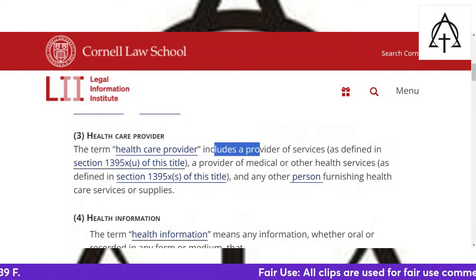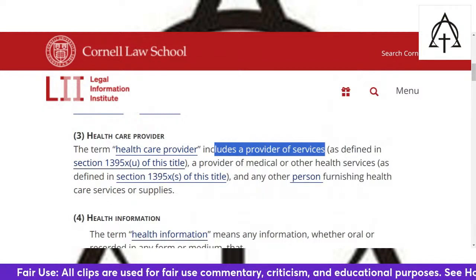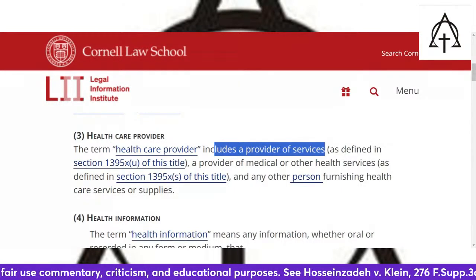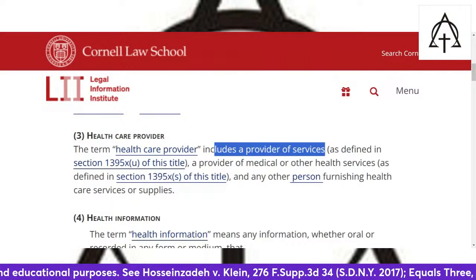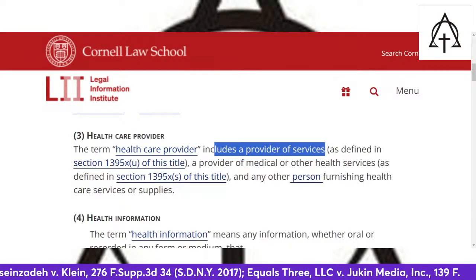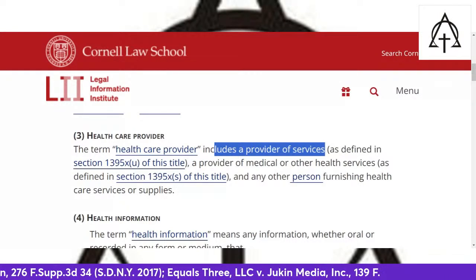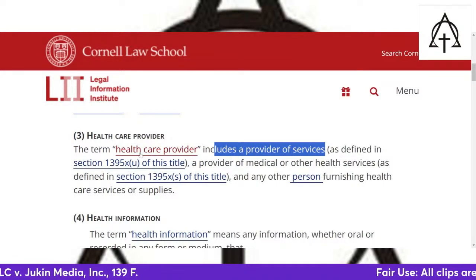Healthcare provider includes a provider of services. Did you know that pen pal services are a unique service where you can write a number of letters back and forth as a pen pal? Did you know that pen pal services extends that signature? All you got to do is sign that document. You just provided a personal service of a signature as an executive executing your deed, your will, as defined in Section 1395x(u) of this title.